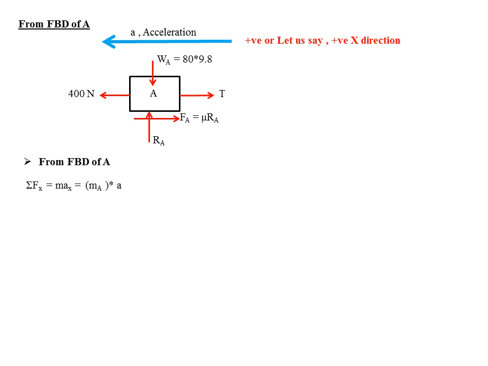So Fx is equal to max, where m is the mass of body A, so I wrote ma in parenthesis.